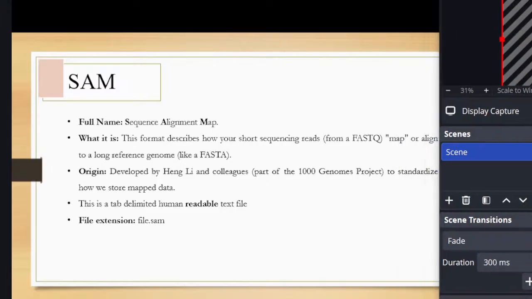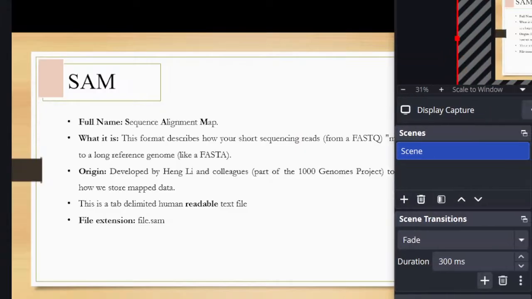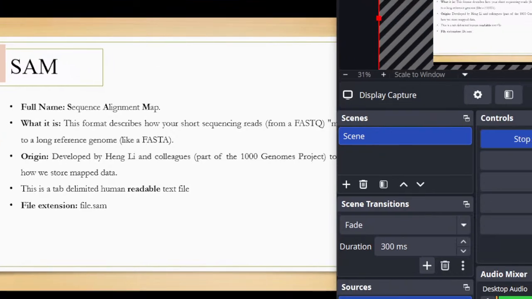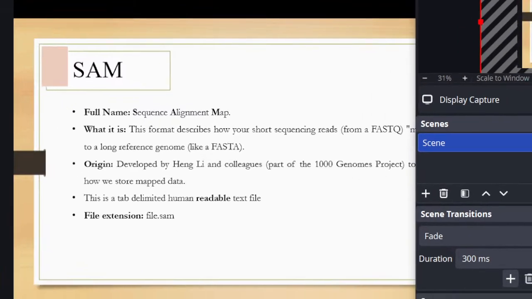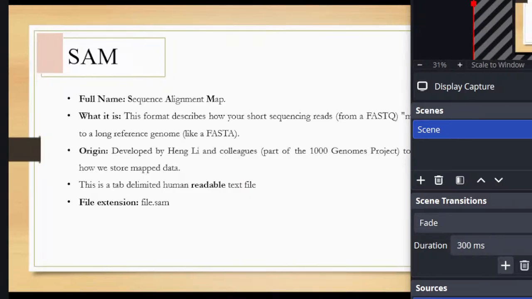When you have the FASTQ files with the read sequences and you want to align those reads to the reference genome, you want a file format where you can see whether these reads are mapping to the reference genome or not. That format is SAM, sequence alignment map, which will show you how many reads are aligning to the reference genome and how many reads are not aligning.